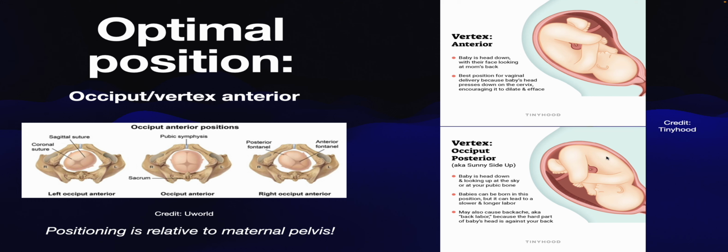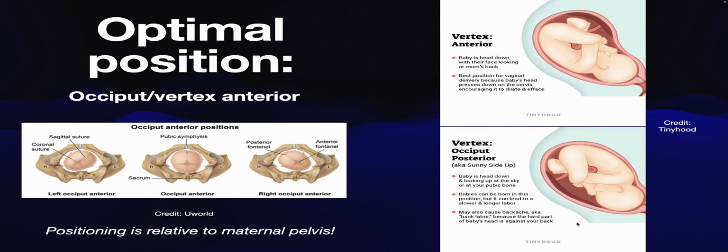And some other positionings here. This is called sunny side up, vertex occiput posterior. So we have the occiput here, and that's facing mom's posterior. And it's not the worst thing in the world.